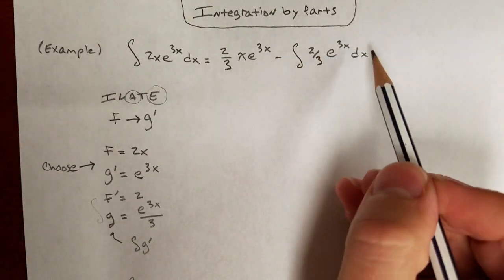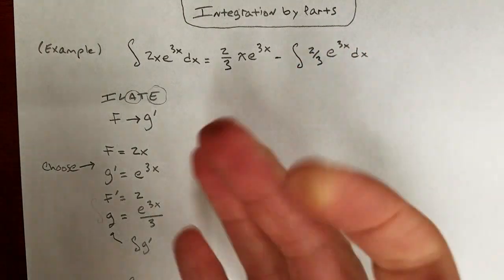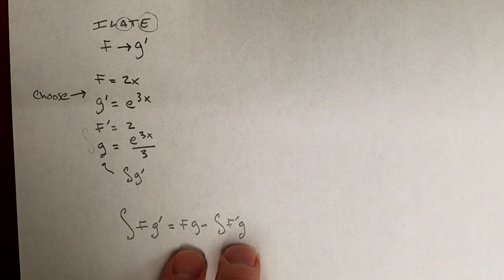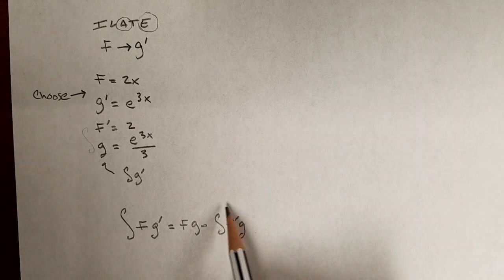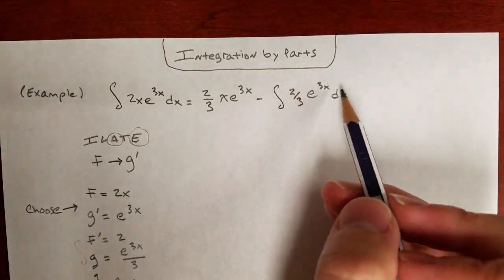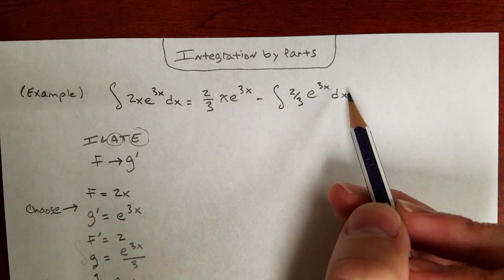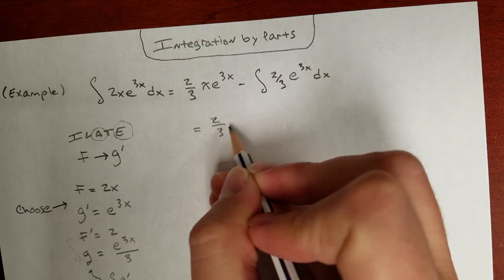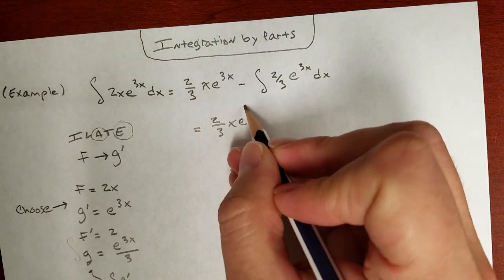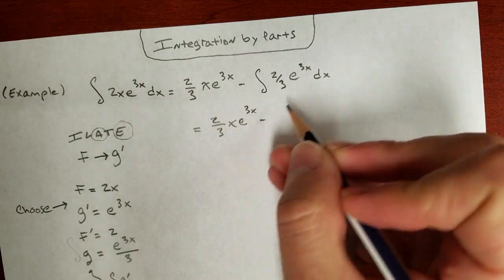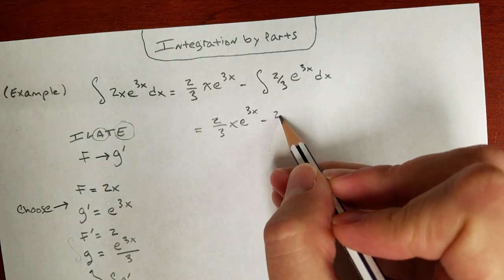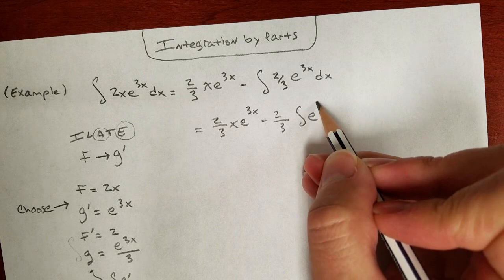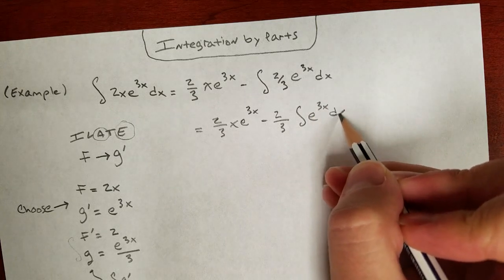Now, we've always got to be able to work this out to get a final answer. This may be what you do to get started, but you have to know how to do that one. So here, we have to know how to do this one. Maybe to help us out, I'll say 2/3 x e to the 3x minus, and we've got the 2/3 right there. Let's just see that as a constant and remove it.